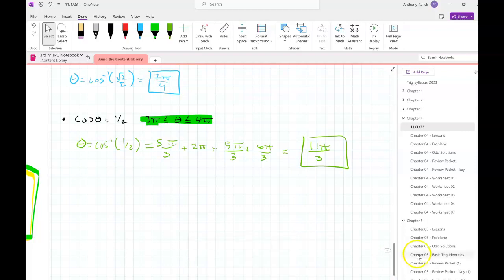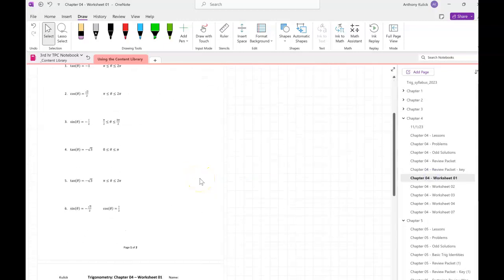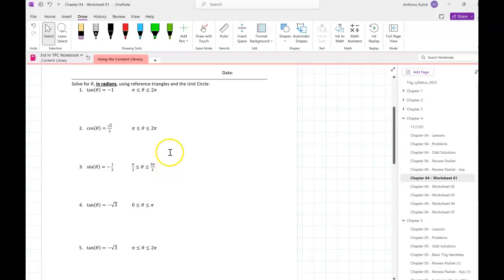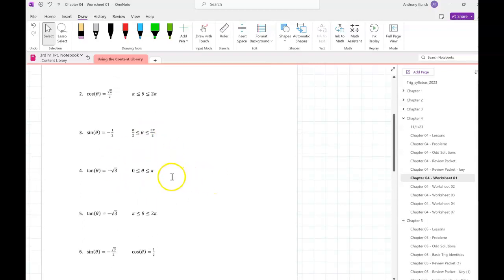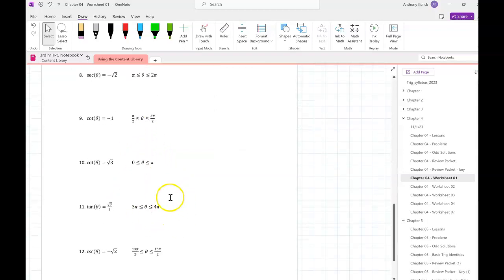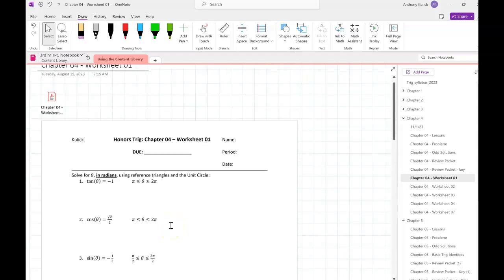So this can get a little bit detailed because of that. What I'd like for you guys to do as homework, though, is just this worksheet 1. These are just like the examples of things that we've done here, just like the problems we've just done, these last 3 examples. Hopefully this goes okay.